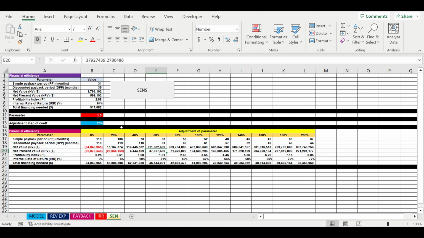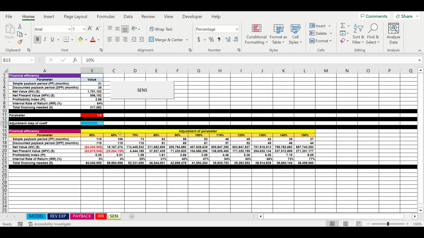Here we can add this coefficient to any input in our model and see how the financials are changing if this parameter increases or decreases with a specific step. Here the step is equal to 20%, and we can adjust it, for example, to 10.